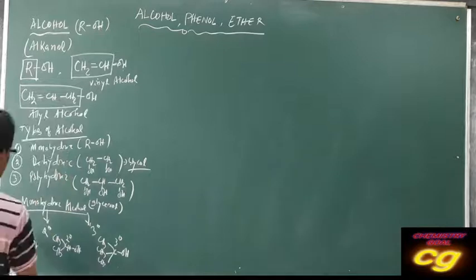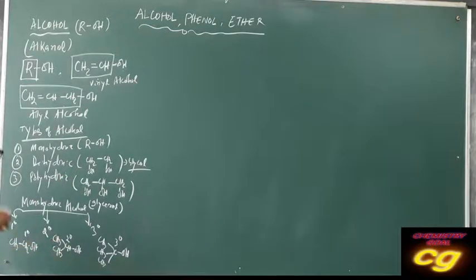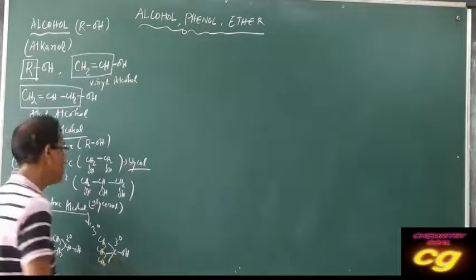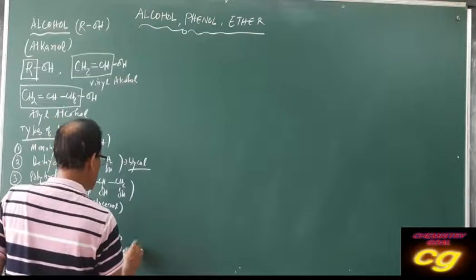If you see the classification, it depends upon R, which you already know. This is ethyl alcohol, this is isopropyl alcohol, and this is tertiary butyl alcohol.